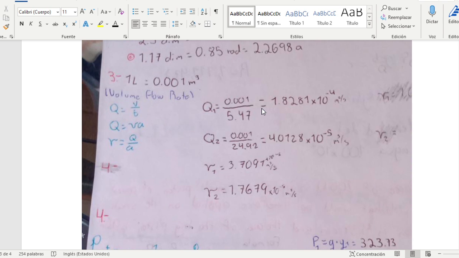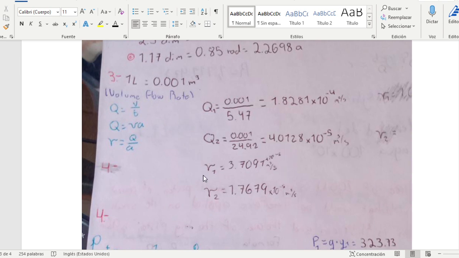Yeah, the flow rate that we get from here. Then I realized I didn't know how to get velocity, but we can change this one to this one, just substituting to get this. So yeah, that's how we get our velocity.